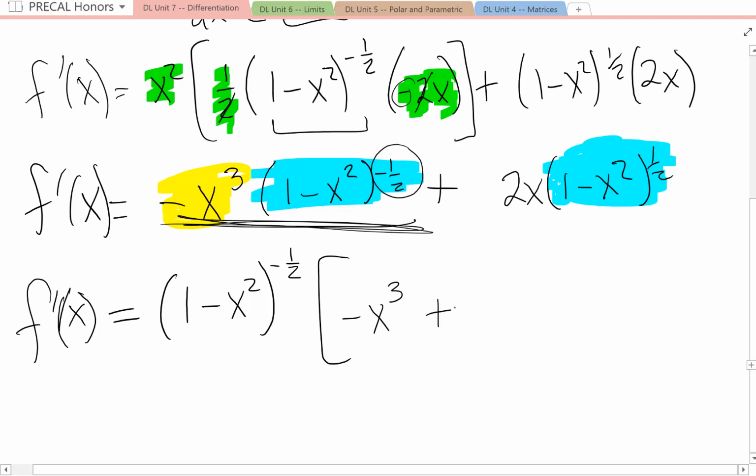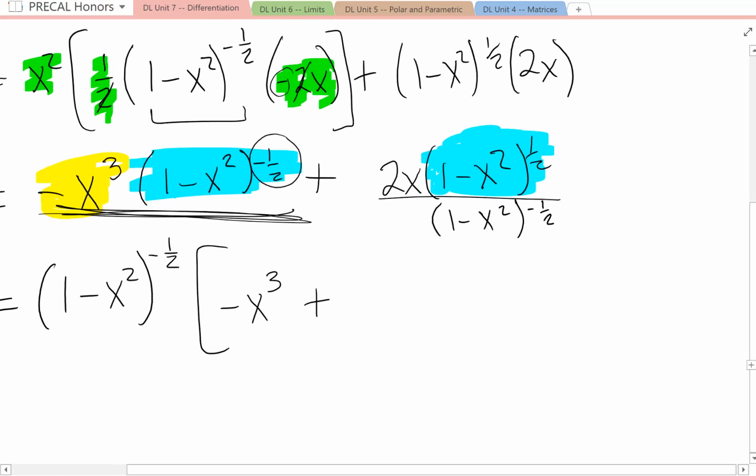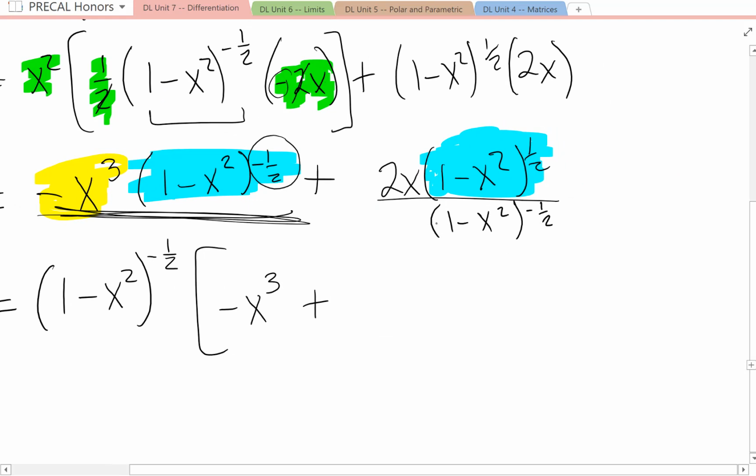Plus, now if you take this term and you divide by 1 minus x squared to the negative 1/2. Oh, wait, if you were dividing by a quantity to a negative exponent, that's really just multiplying by that quantity up above, which ends up giving you 1 minus x squared to the positive 1/2.